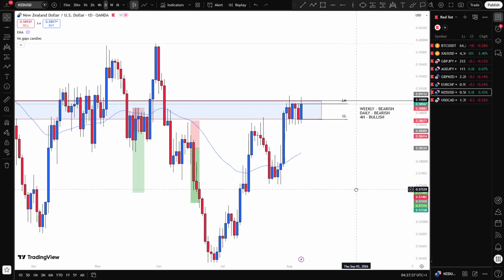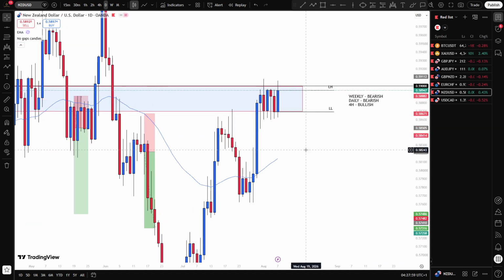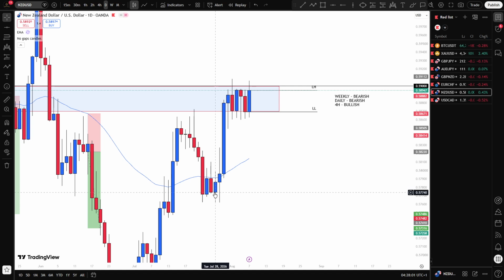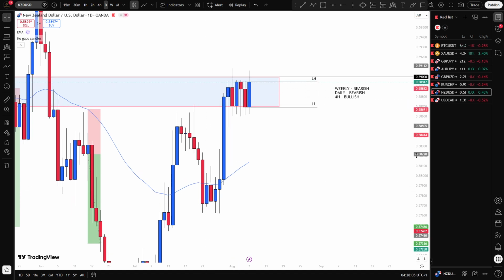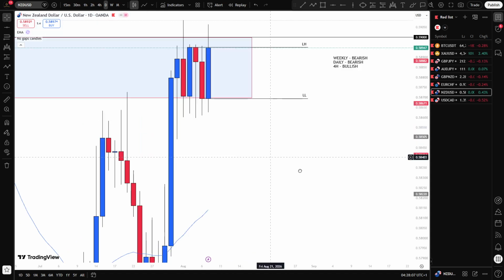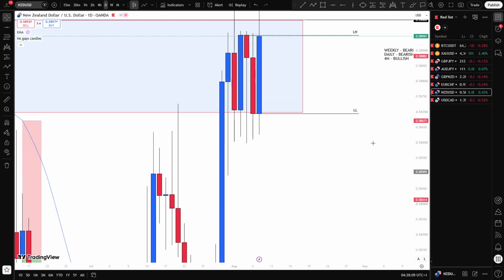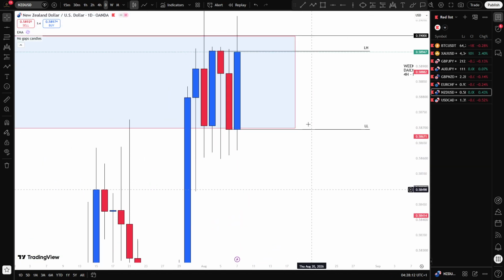For price to stop there, we were bullish. It was a higher high, higher low, but on this minor structure here, we shifted bearish.